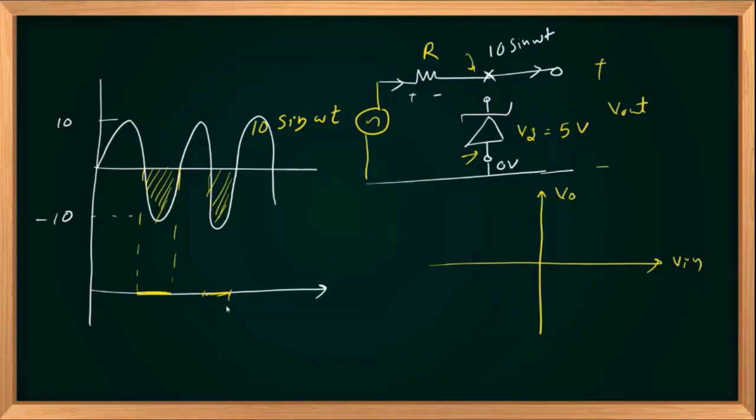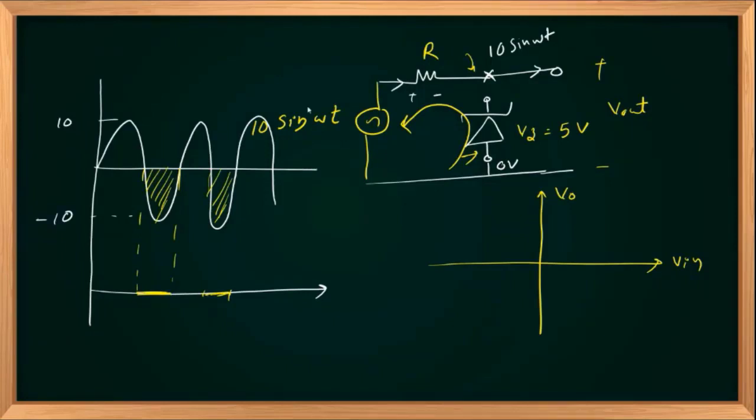It is acting as a forward biased short circuit, an ideal closed switch. And since the input is negative, there will be current from 0 to the negative value in this direction. Its value will be equal to (0 minus 10 sin omega t) divided by R.